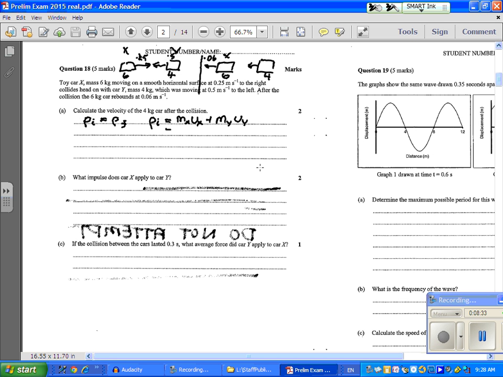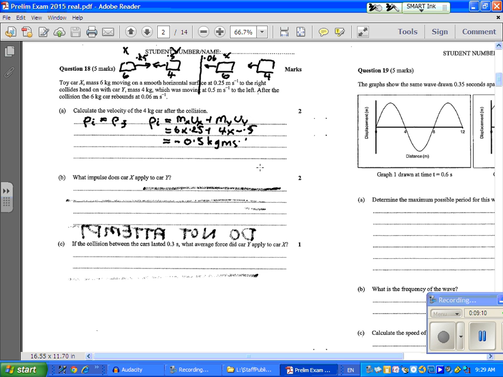I put all that in and I'm going to end up with 6 times 0.25 plus 4 times minus, opposite direction, 0.5. And if I work that out, that's going to be 1.5 minus 2, isn't it? Which means that my total momentum in the system is minus 0.5 kilograms metres seconds minus 1.